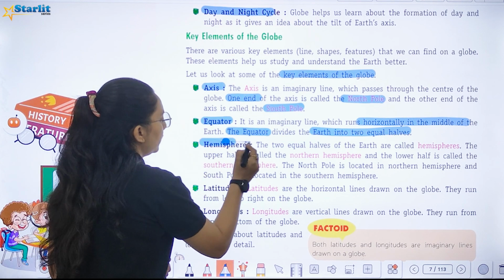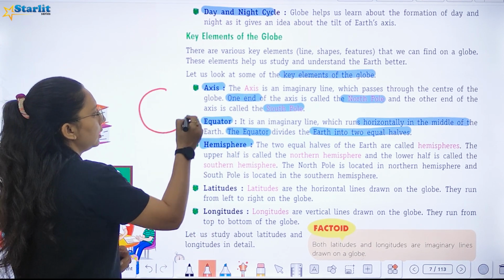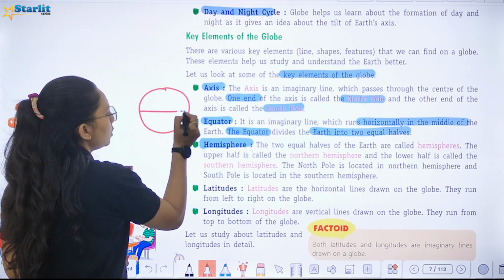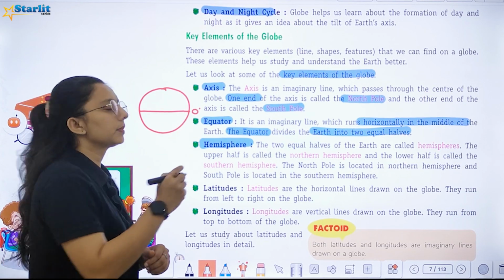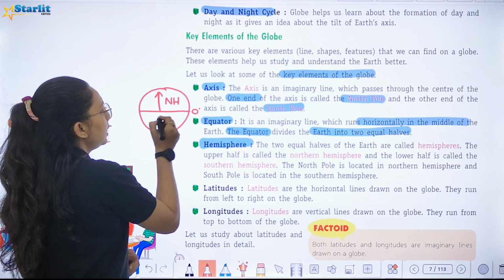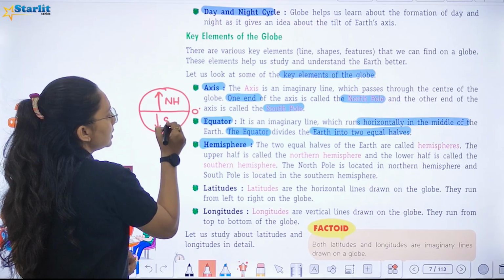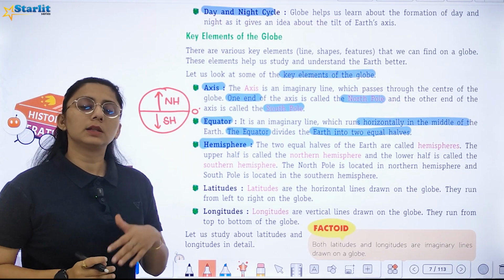Then we have hemisphere. We have equator. Let me show you over here. This is equator 0 degree. It divides the earth into two equal parts. Upper part, this is northern hemisphere and bottom part is southern hemisphere. You can understand by that the equator.